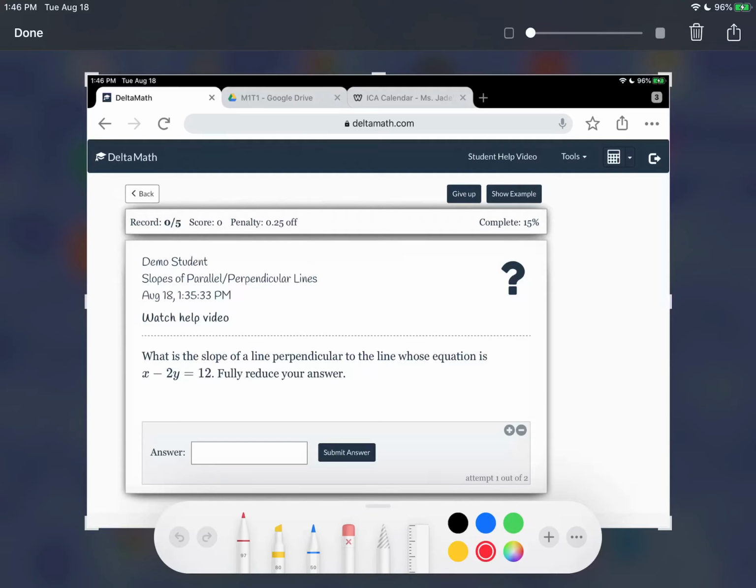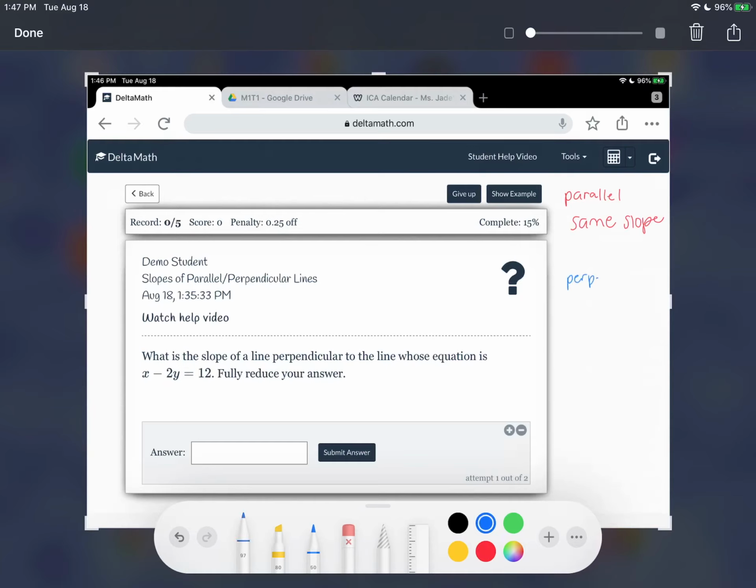Alright, so now we're going to work on slopes of parallel and perpendicular lines. So I first want to let you know that parallel lines are going to be having the same slope. And then I'll just write it in a different color, I guess.